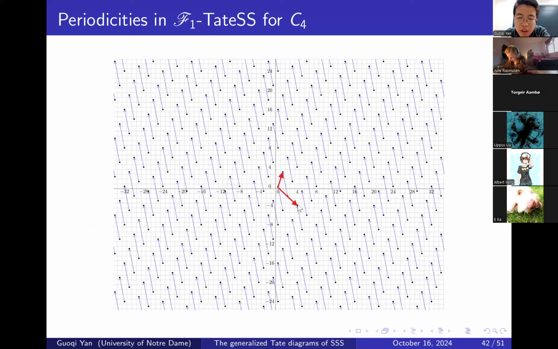Another is (4, -4). The repeating patterns in this Tate spectral sequence are explained by the 2 periodicity classes, because as long as we know one non-trivial differential, for example this one, then we can just propagate the differential along 2 directions to get the whole Tate spectral sequence.